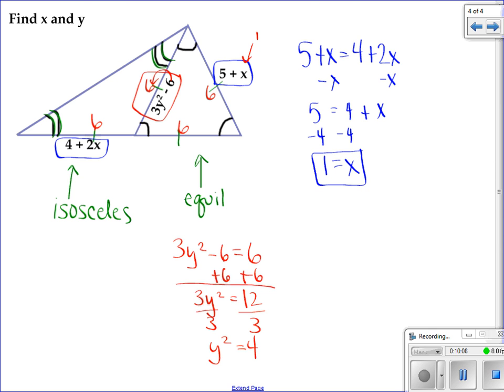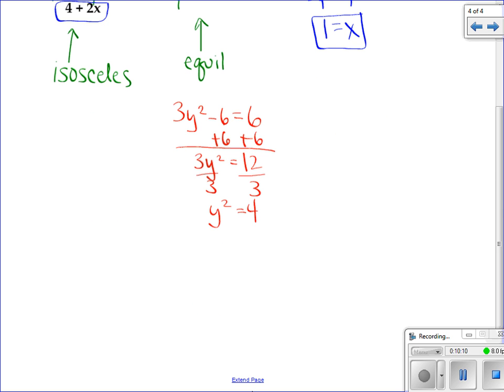How do you get rid of squared? Square root it. That's the opposite of square is square root. Y equals 2. Technically plus or minus 2, but we're just going to go with the positive answer on this problem. Questions? No?